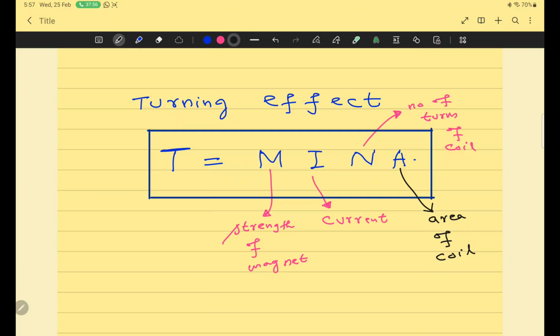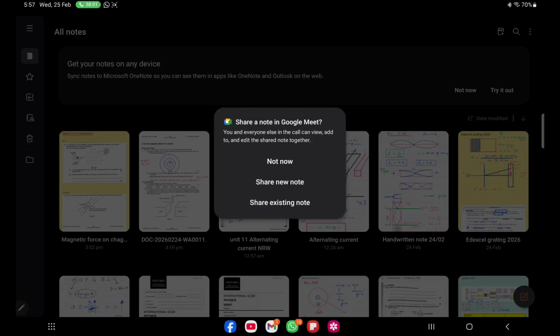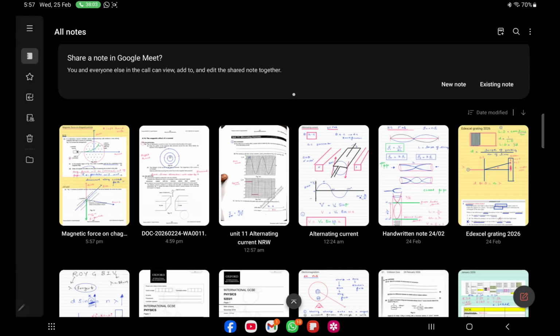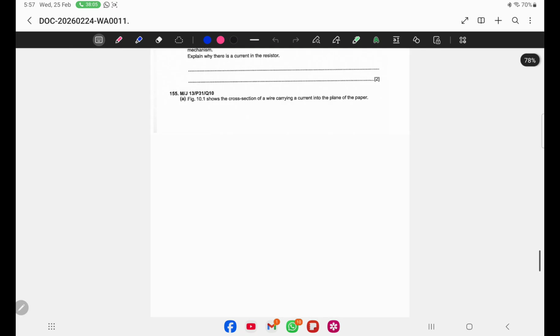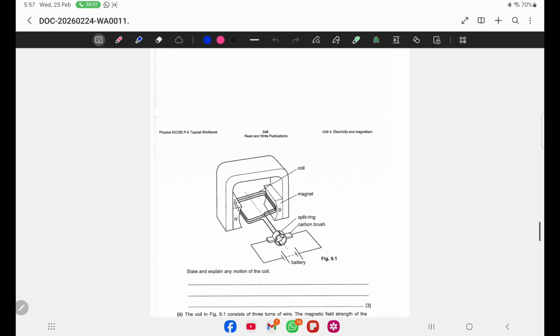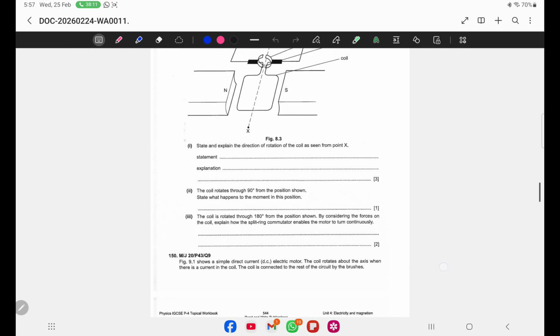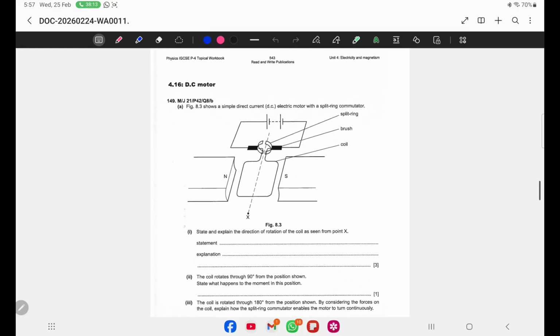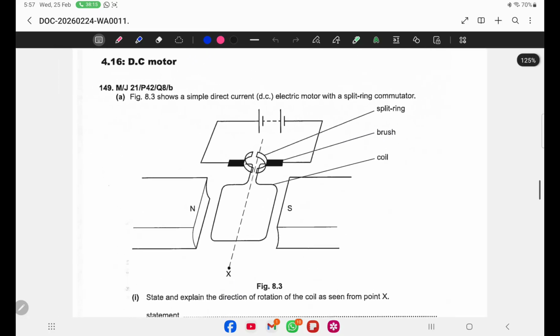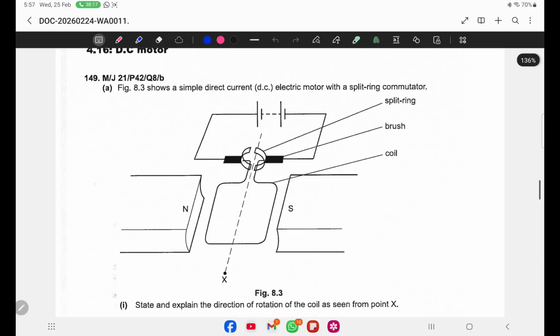And now we have completed this topic at very high speed because it is a crash course and we are moving fast so that we can revise the whole course within 3 to 4 months. Now we are solving this question. This is a DC motor question.